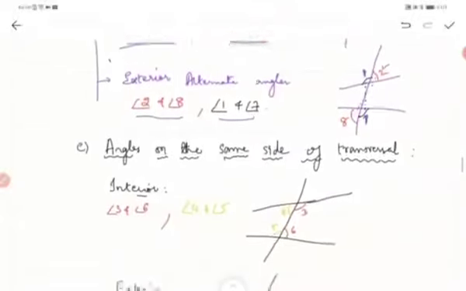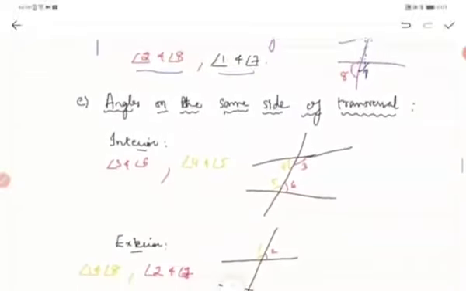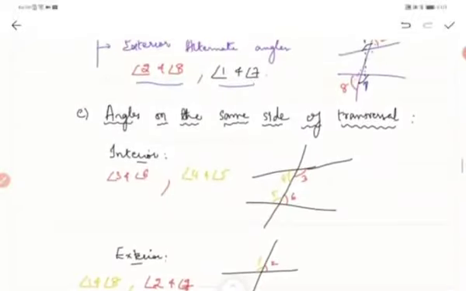So one more type of angles you can find is angles on the same side of the transversal. So this is your transversal, and two lines. The angles on the same side: these two are on the same side, these are external, and these two internal angles are on the same side of the transversal, on the left side.